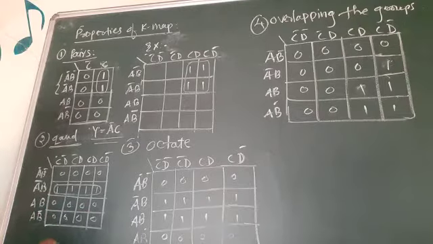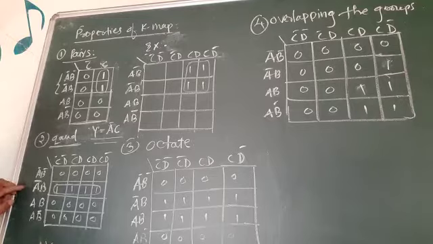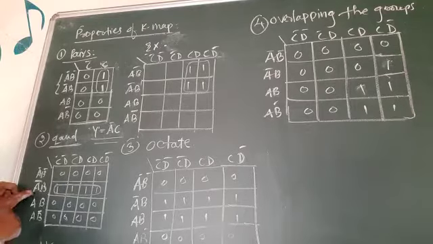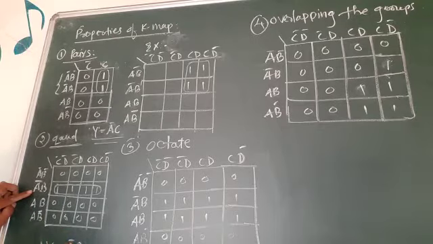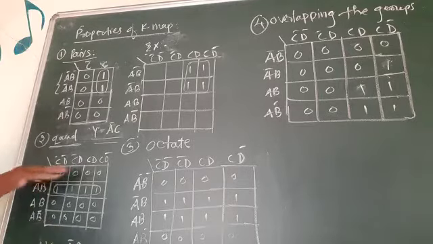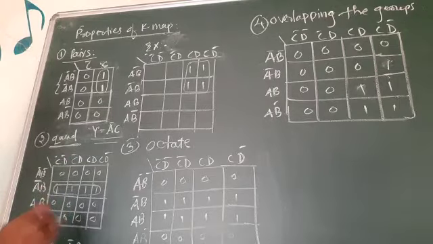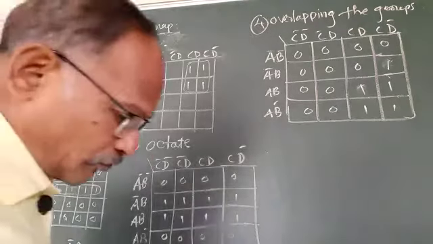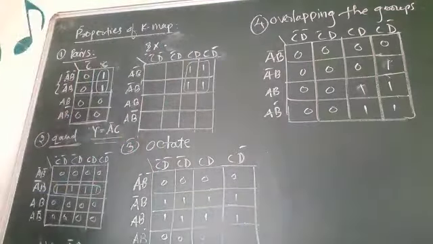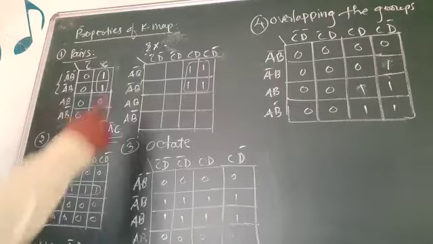So y is equal to the SOP equation, or prime implicants, y is equal to a bar b here. There are no ones at the top or at the bottom, only sideways we are considering. So a bar b is the equation for this particular group.